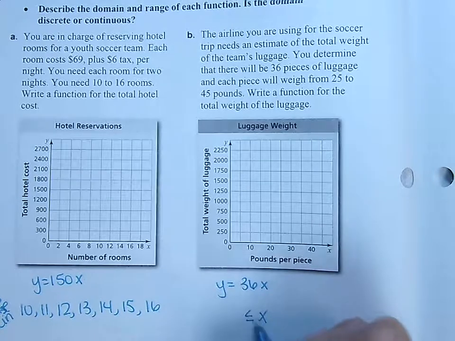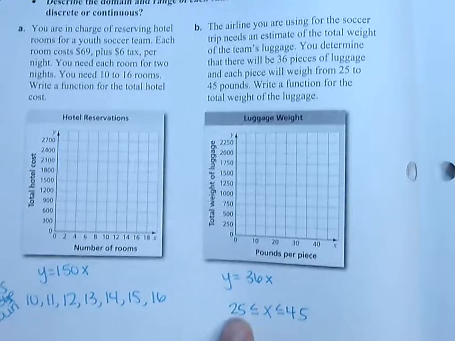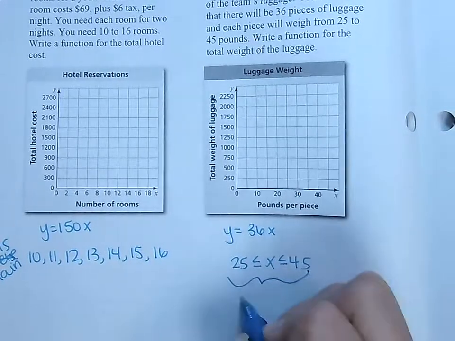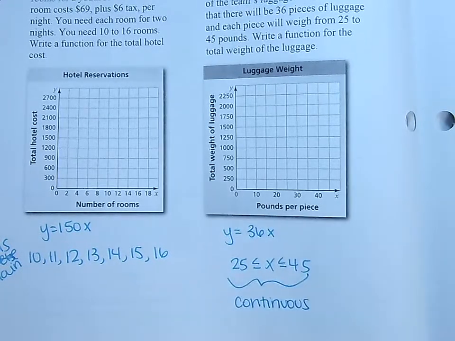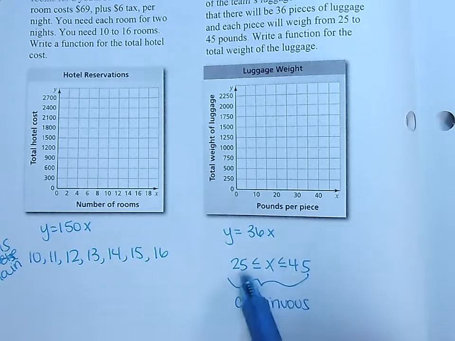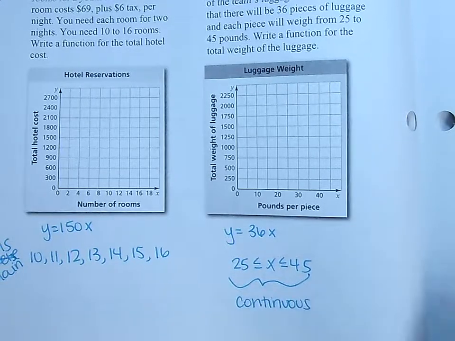It's between 25 and 45. Because there are many different numbers between these, this is continuous. It doesn't have to be exactly 25, 26, 27, 28. It could be 25.1. It could be any number between these two. Therefore, it is a continuous domain.